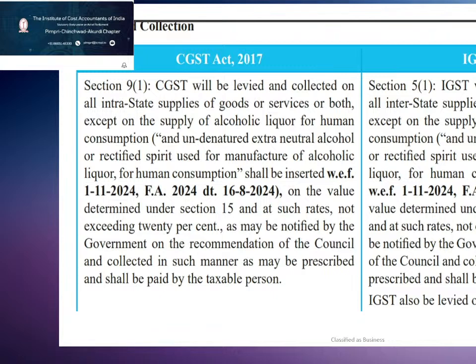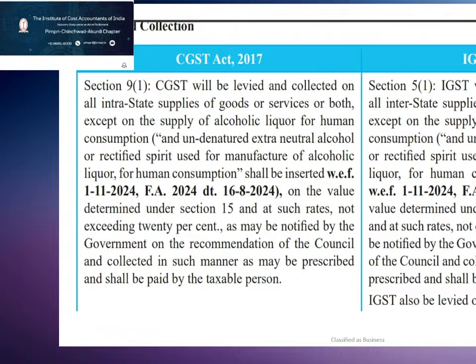From this it is clear, for the current financial year his business turnover is 80 lakhs and he is expected to achieve 130 lakhs in the financial year 23-24. So what is our point? If it is not going to reach 1.5 crores, then under this assumption he is still eligible for the composition scheme.